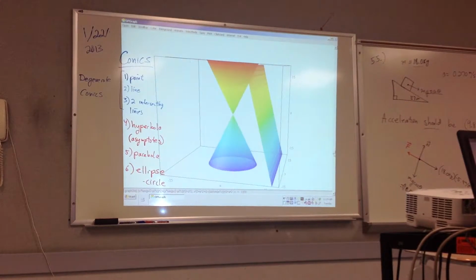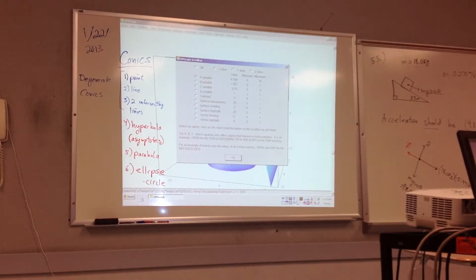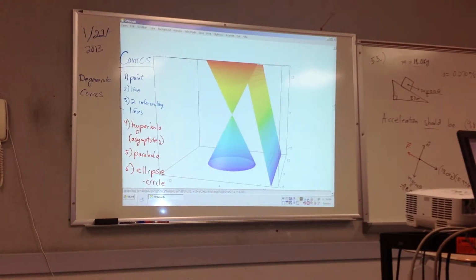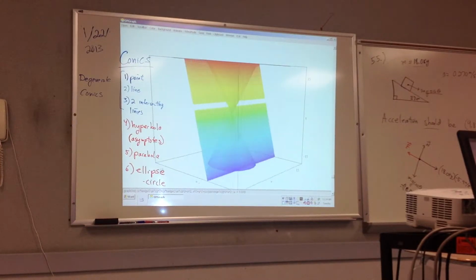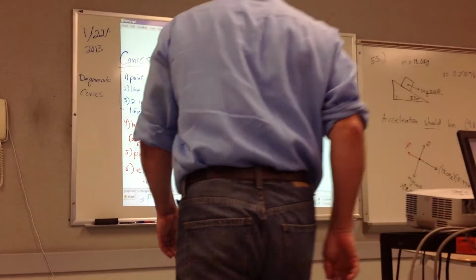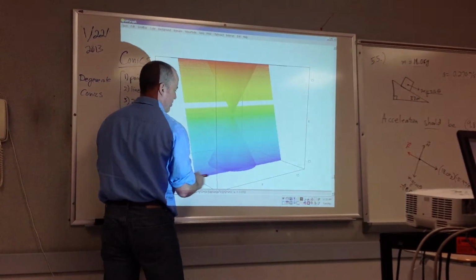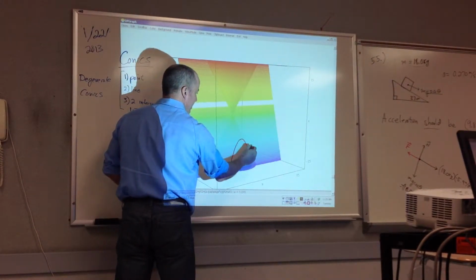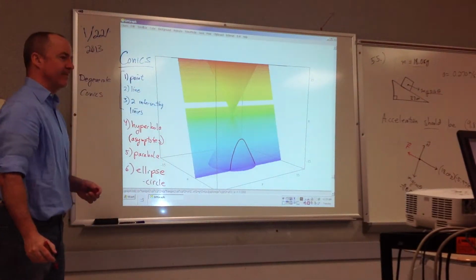Right, so if I make these cones really skinny, they do go on forever, so they still hit that plane. And then if I start bringing the plane back in, you can get a very skinny hyperbola or parabola that way. Look at this, this one will actually be a hyperbola, but look at how much more narrow that hyperbola would be.